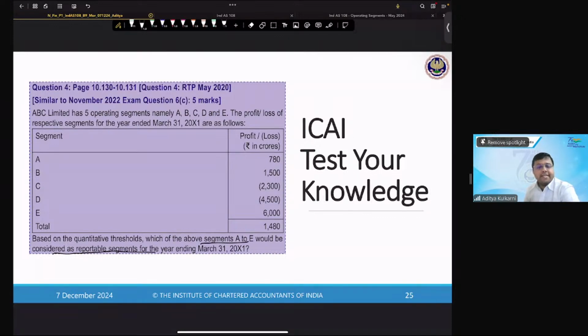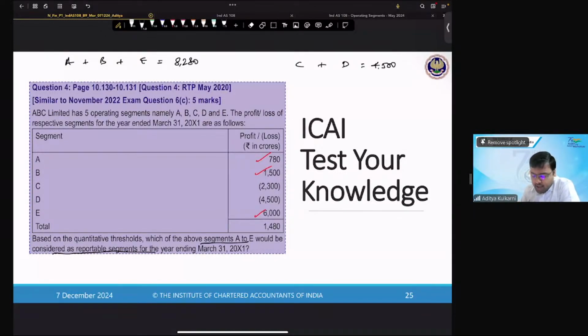Don't do 780 by 1480. That's not right. What I will do is, what are the profit making segments? 1, 2, 3. So A, B, E. Total profit is how much? 780 plus 1500, so this comes to 2280 plus 6000, so 8280. Then I am having C and D, which put together is 4500.